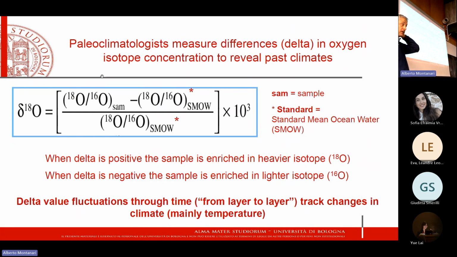Oxygen is very convenient for us because it is trapped into water, it is trapped into the air, and if it is trapped into water, it remains trapped into the shells, for instance, of the foraminifera, of the fossils. So basically, by looking at the fluctuations of delta from layer to layer, we reconstruct the past temperature.